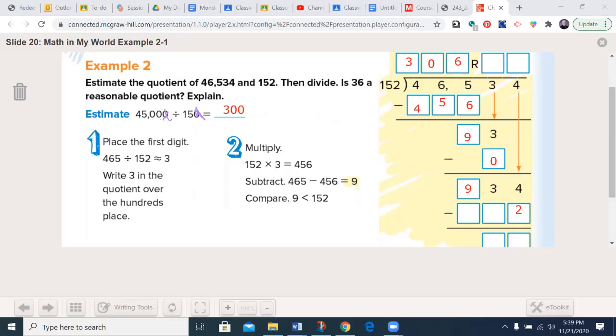Put the 2, carry the 1. 6 times 15 is 90 plus 1 is 91. I subtract, and I'm going to get 22. So we get an answer of 306, remainder 22.